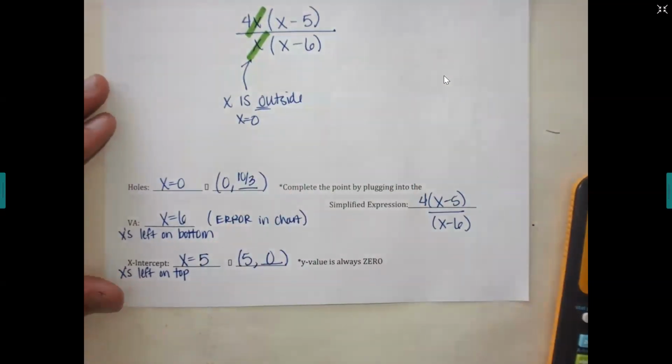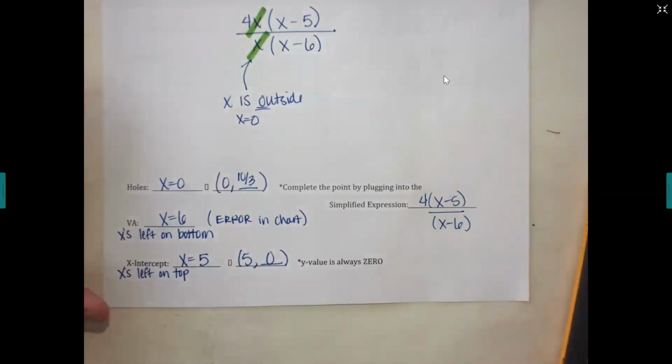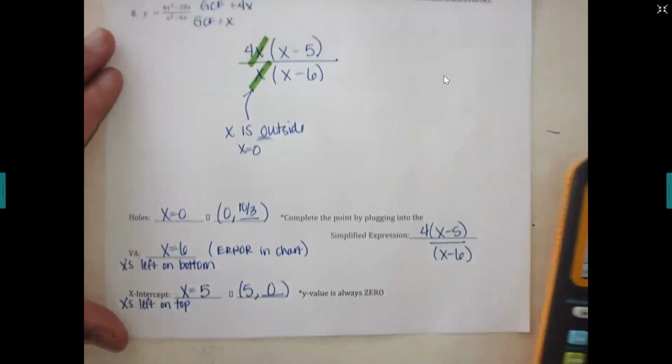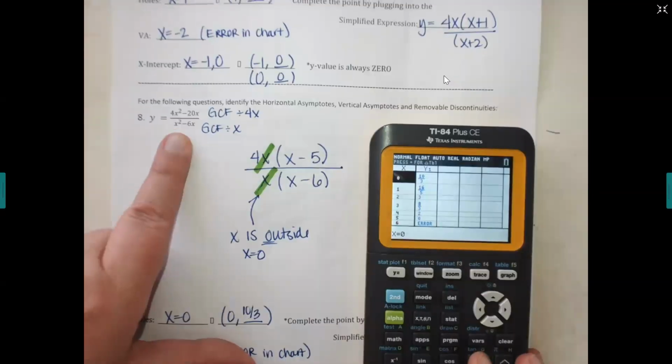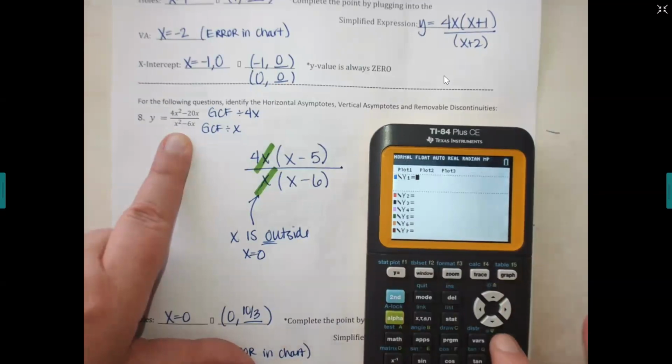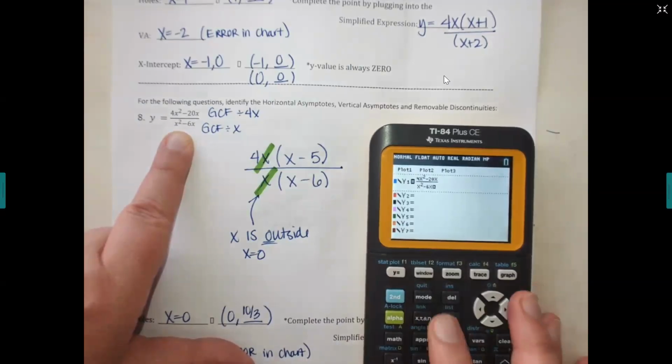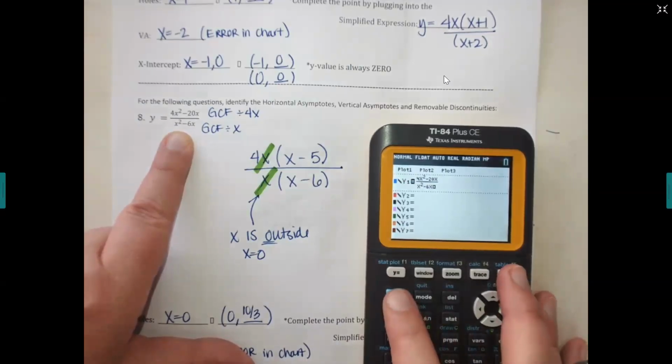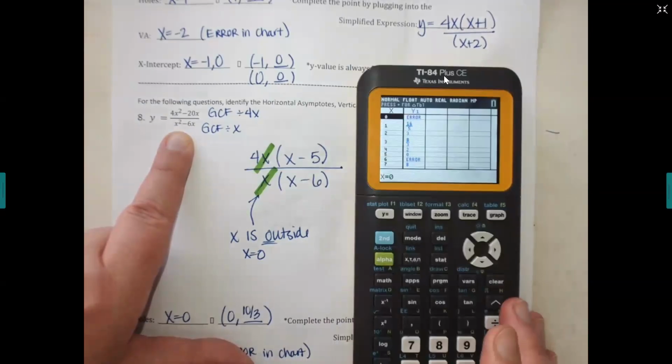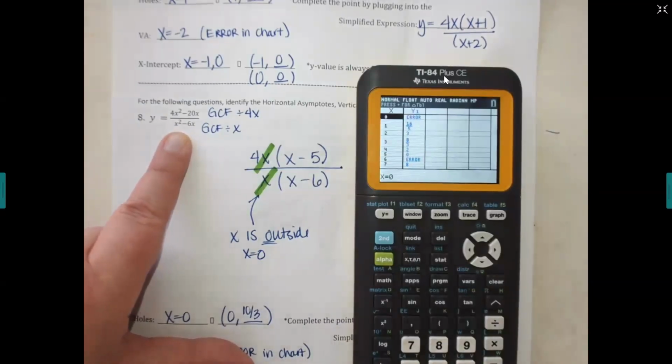Okay, now let me show you something real quick, before we transition to our homework. If you type in the original equation, you don't need to do this, but I just want you to watch. 4x squared minus 20x over x squared minus 6x. If I go into my chart on the original equation and I go to 0, what does it say?